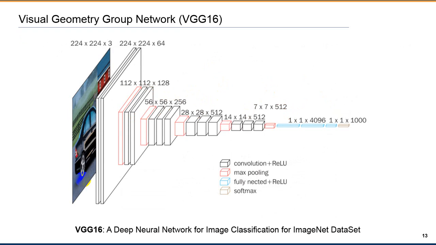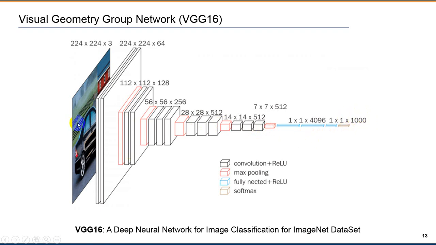Another is VGG16, or we can also say Visual Geometry Group Network. It is developed for the ImageNet dataset, which takes a 224 by 224 by 3 input image, and it generates multiple feature maps on many convolution layers, and it generates the classification of about 1000 classes.